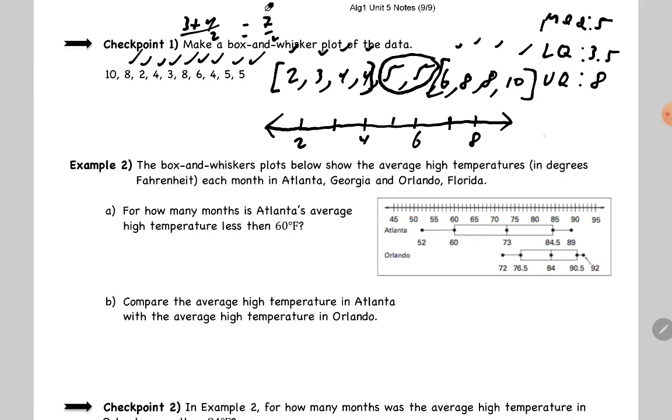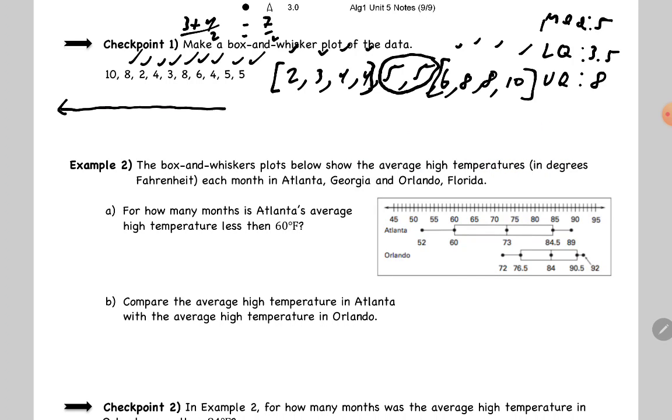Okay, and you'll want to give yourself more space than that. So let me see if I can do that here. 2, 3, 4, 5, 6, 7, 8, 9, 10.